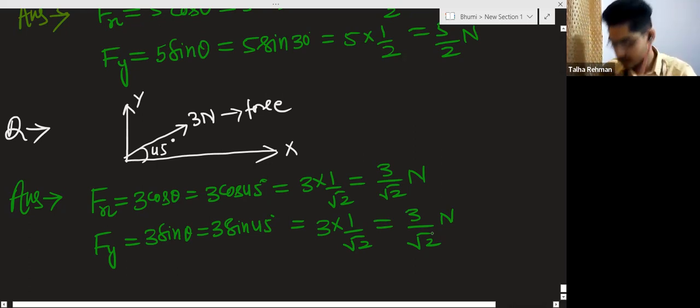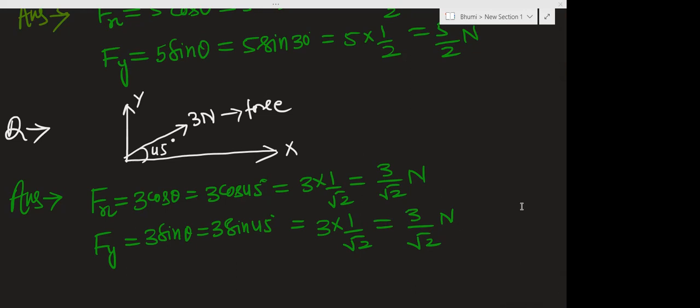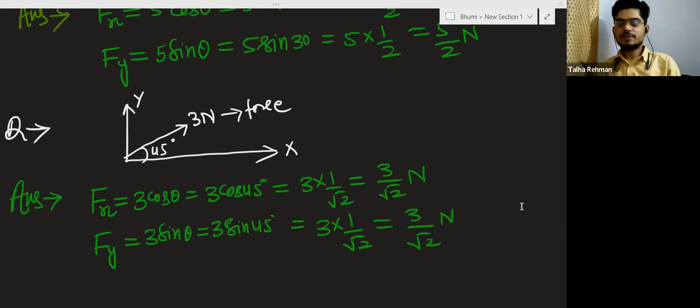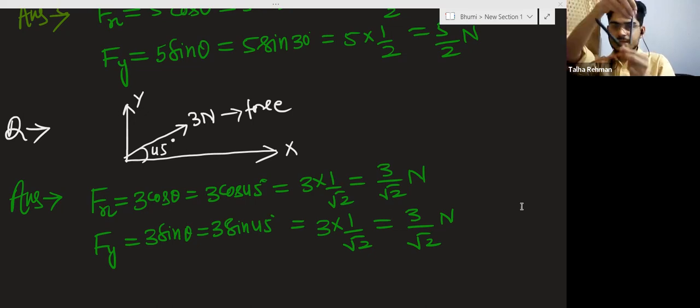These are two axes. This is x-axis, and this is y-axis.